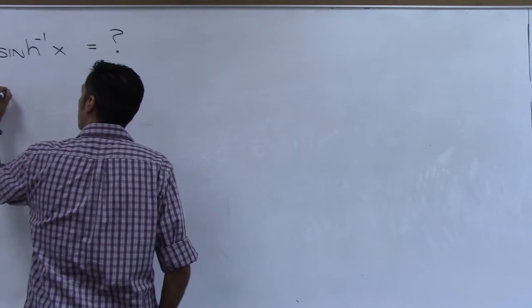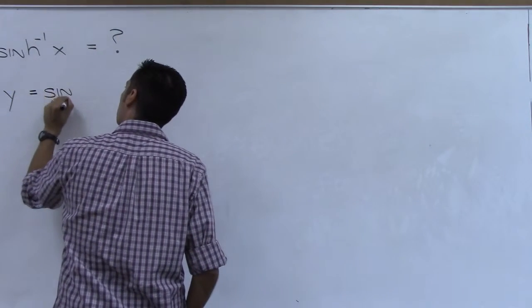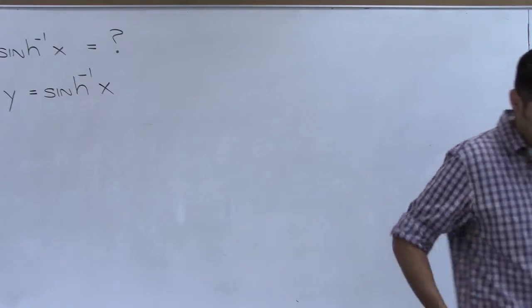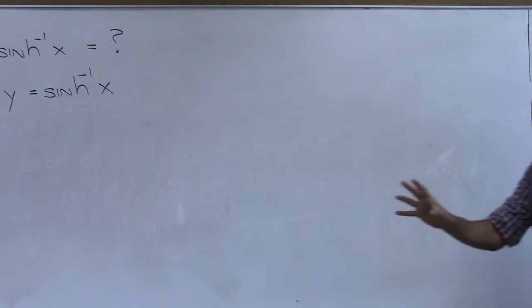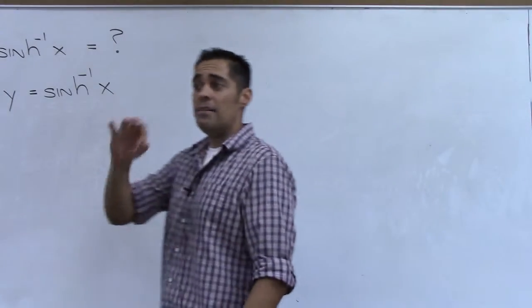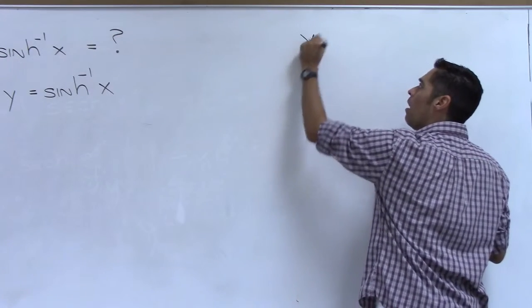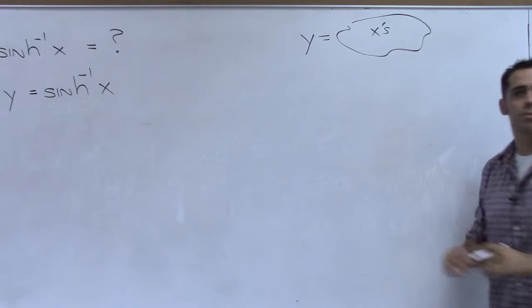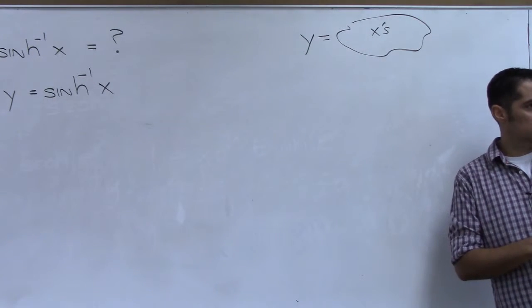I'm going to call this thing y. So I'm trying to find out what y is. Does everyone agree? If I can tell you what y is in terms of x, so if I can somehow get y equals something that has x's in it, would you be satisfied that I've actually found a formula like that?